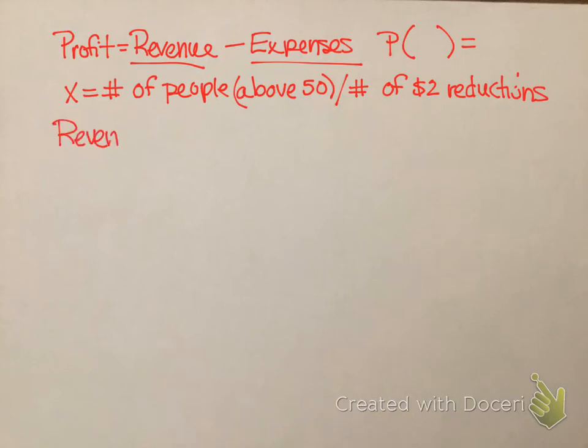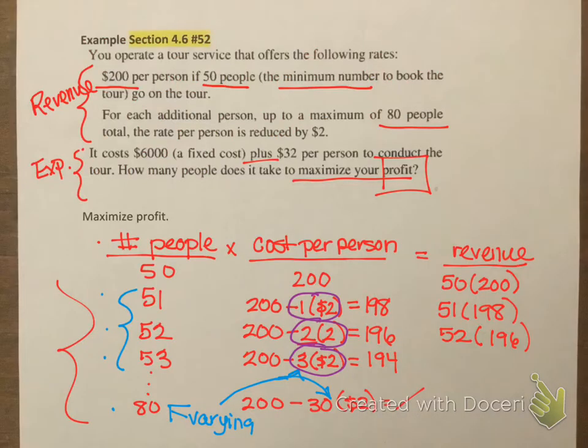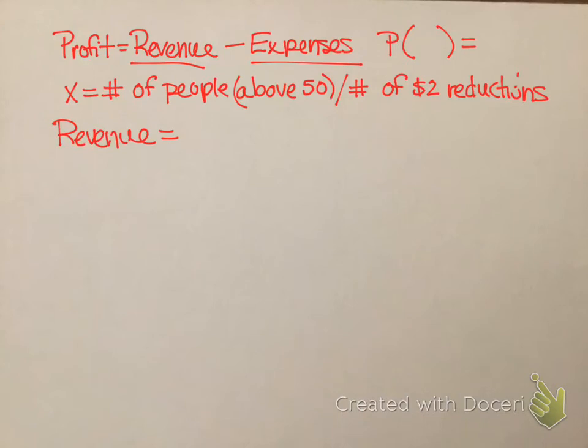So revenue. Let's figure out how to find that. Again, let's go back to our previous page. Guys, revenue right here, it was the number of people times the cost per person.